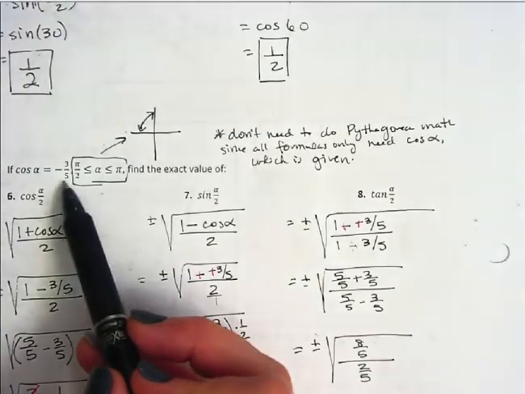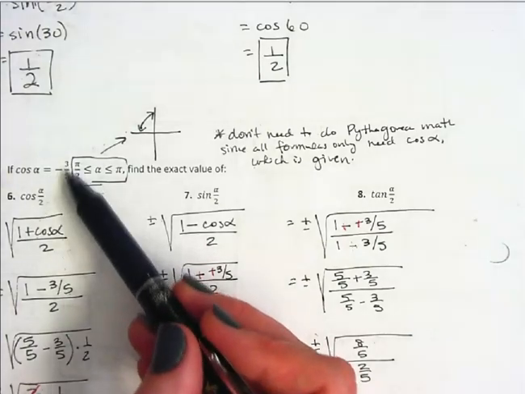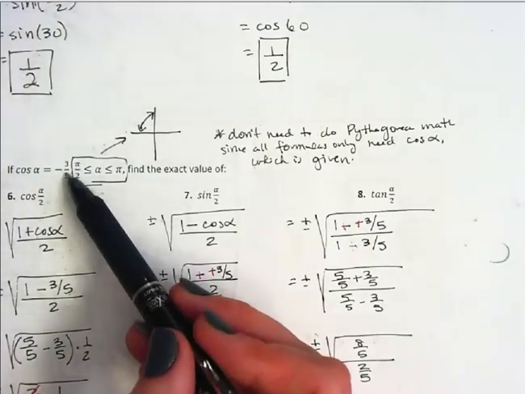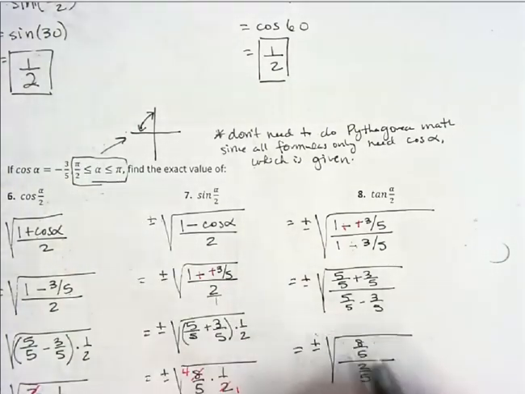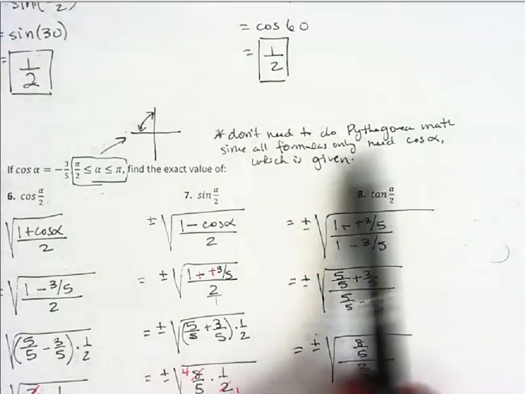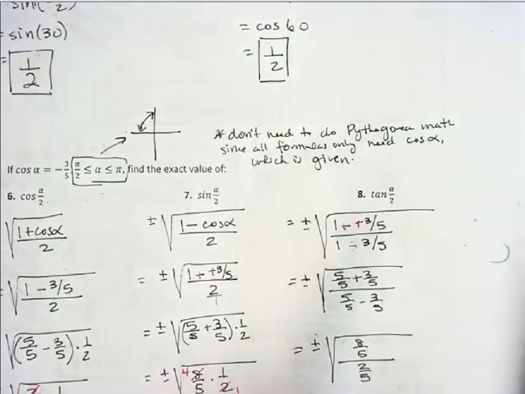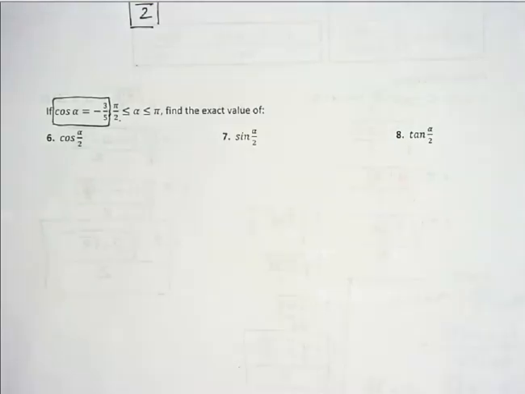We would have to do Pythagorean theorem because we're given x over r. We would need to do Pythagorean theorem to find y. So we could do y over r for sine. But we don't need to do Pythagorean theorem math here since all the formulas just need cosine. So I'm going to do one for you and then give you a minute or ask you to pause the video and try the other two.